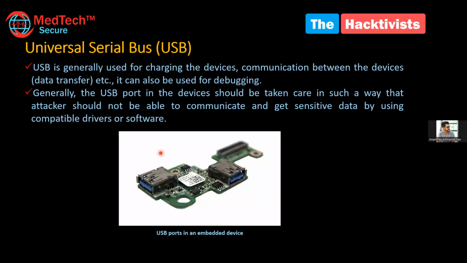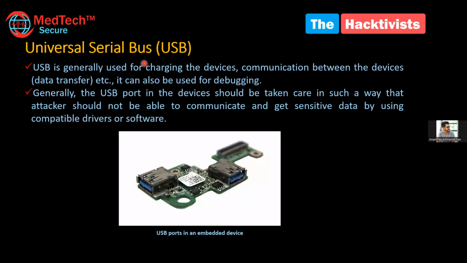I have mentioned USB as an important component in IoT security, because just imagine there is no proper validation or security check being done on this USB part. An attacker can try to inject a malicious USB device into our target device, and it can take down that device and create some kind of manipulation.